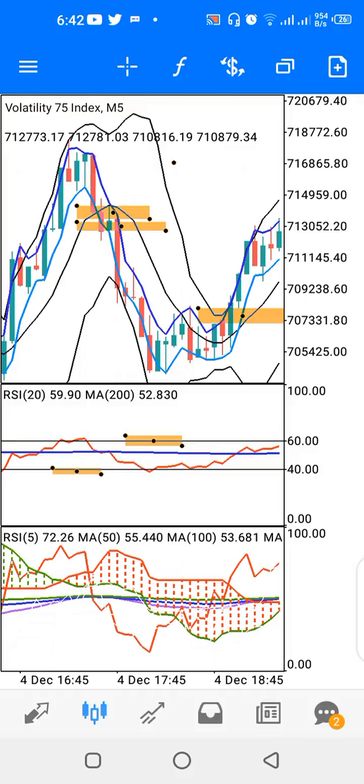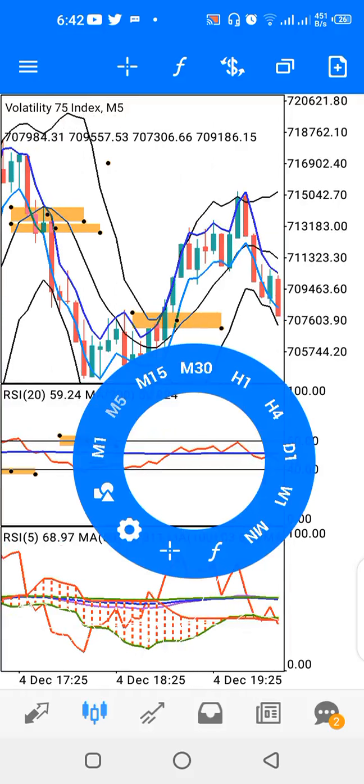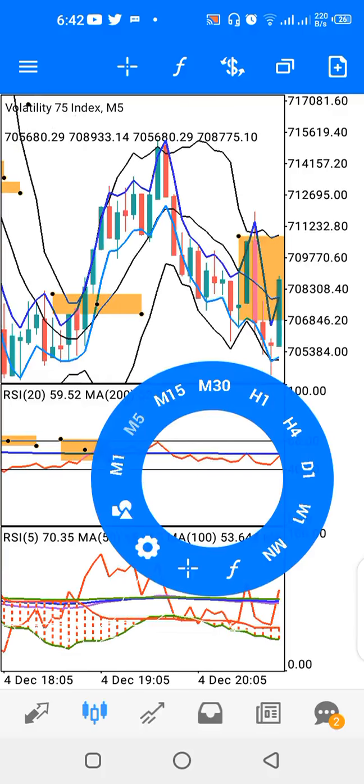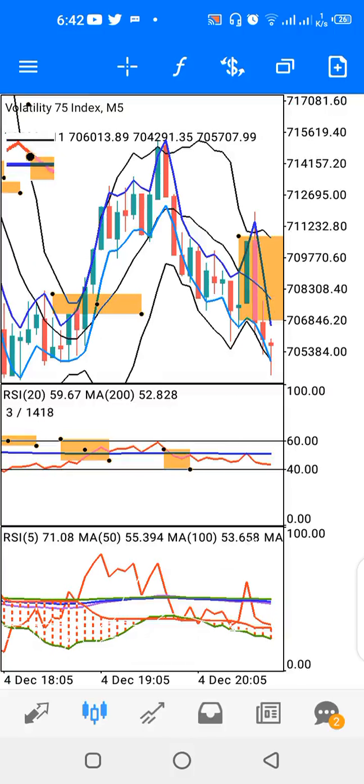Now you have a blue line, which is your 200 moving average. Whenever the red line crosses above the blue line, you have a buy signal. Whenever it crosses below, you have a sell signal. But as long as the entire setup is within the upper and lower bound, which is the 60 and the 40 RSI line, you are still in a range.